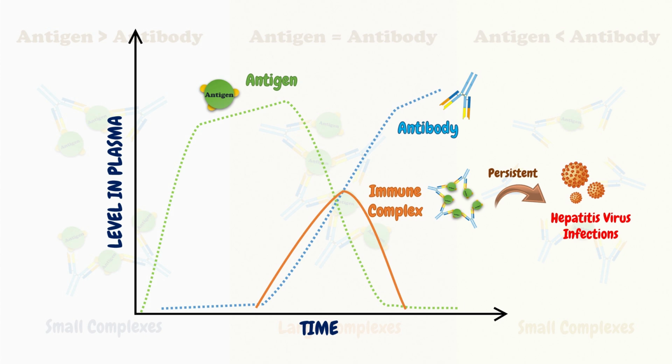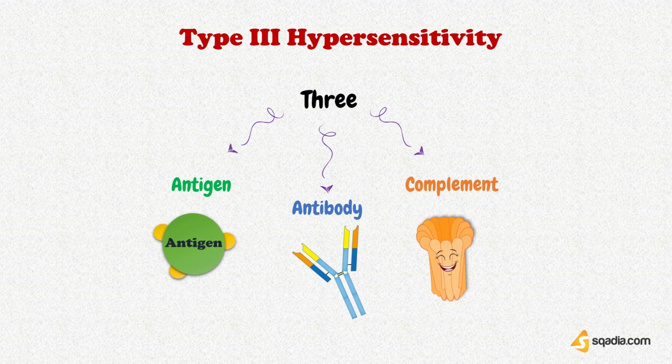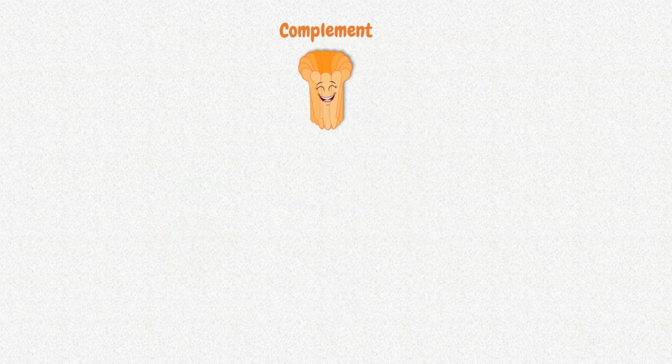Now, after discussing the antigens and antibodies, the third component is the complement. And I mentioned previously that complement helps in the clearance of immune complexes. This clearance is necessary, otherwise, immune complexes will cause diseases. Now, the question that pops up in our mind here is: how does the complement clear the immune complex?